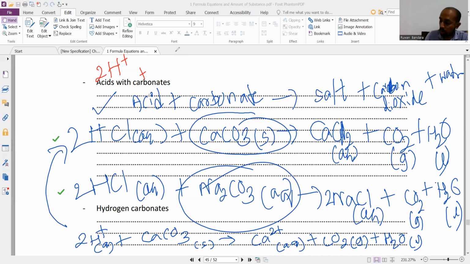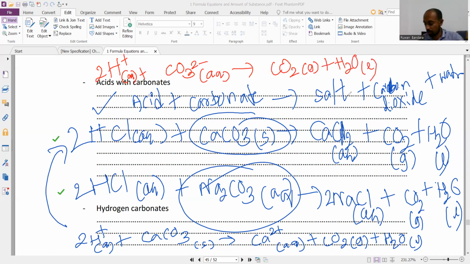Right. 2H+ plus CO3 2- aqueous gives you CO2 gas plus H2O liquid. That's the answer.